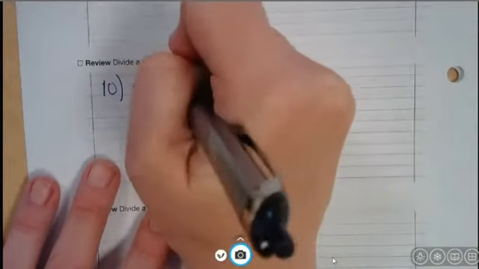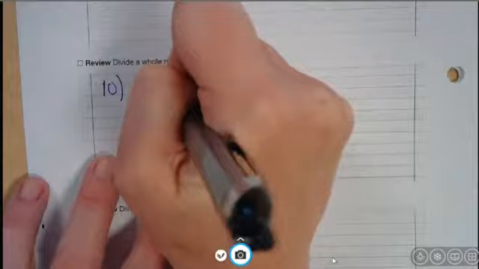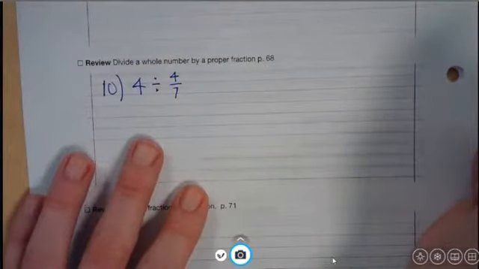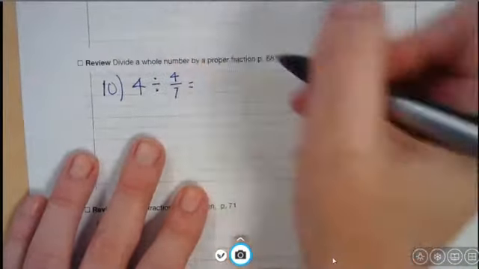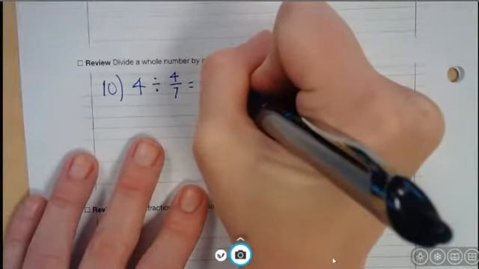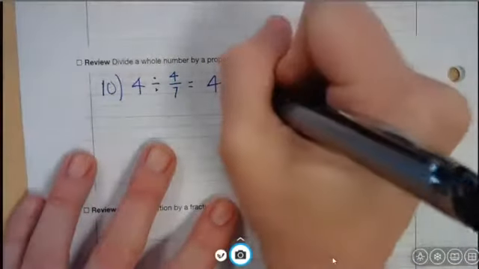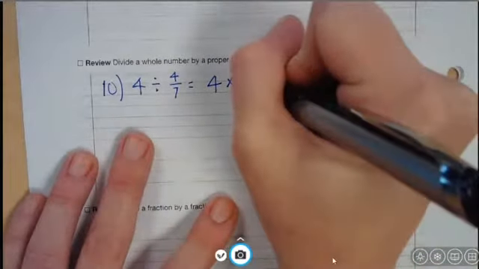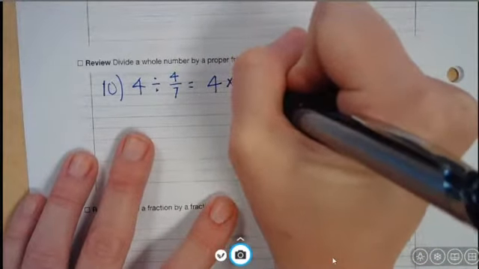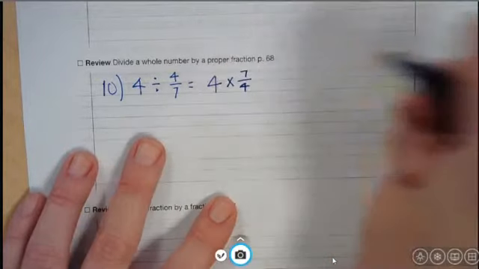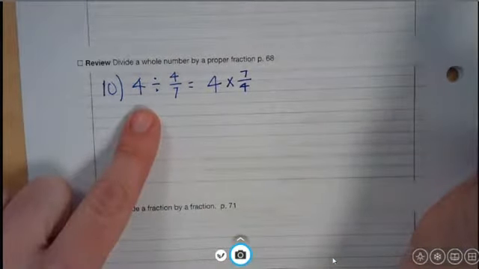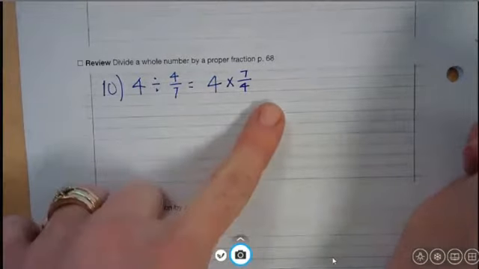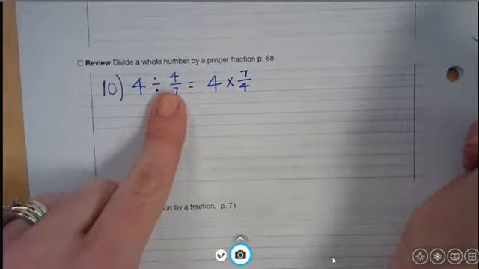So 4 divided by 4/7 would equal, so same thing, I keep the first number the same. I change it to multiplication, so I use the opposite operation, and then I use the reciprocal. So I multiply 4 by 7/4 instead of 4 divided by 4/7.